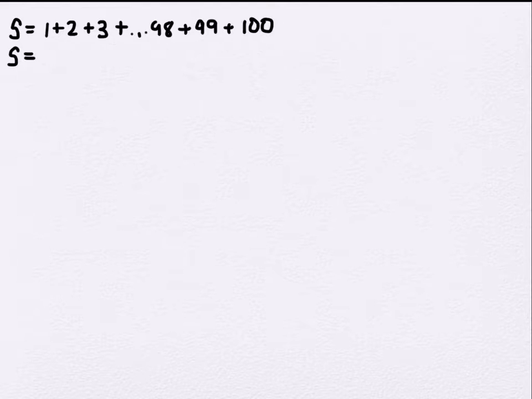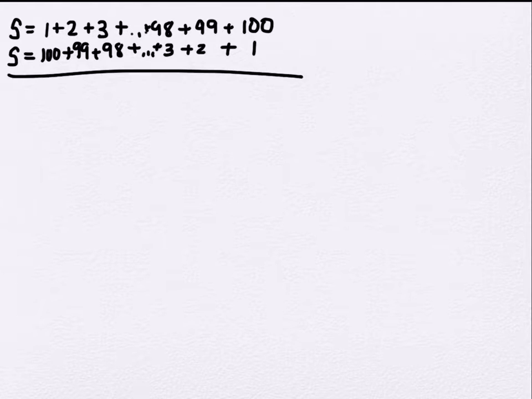Okay? So I'm going to write this out in reverse order. So S is still equal to what I'm writing down, but I'm going to write it backwards. So this is 100 plus 99 plus 98 plus all the way down to 3 and 2 and 1. And we're going to add this together sort of like elementary style where you add it from the top down.